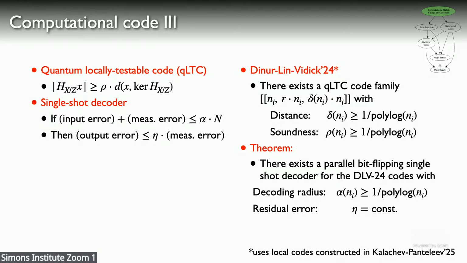So okay, the first theorem that we established is that there exists a greedy bit-flipping decoder for these code families that decodes against adversarial noise up to this decoding radius, and it has well-controlled residual error. And you'll note here that if I have constant error, you might say the average weight I'm going to get is linear, and this is slightly sublinear.